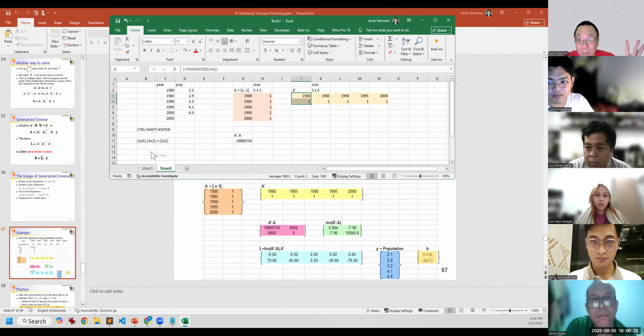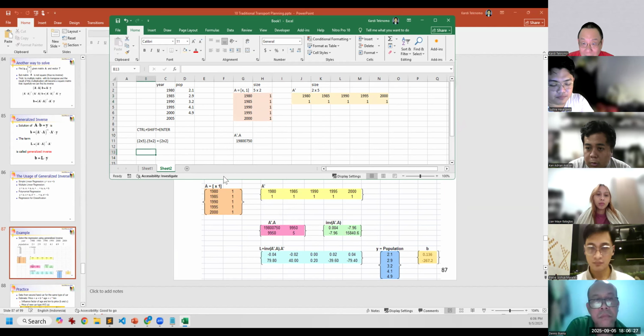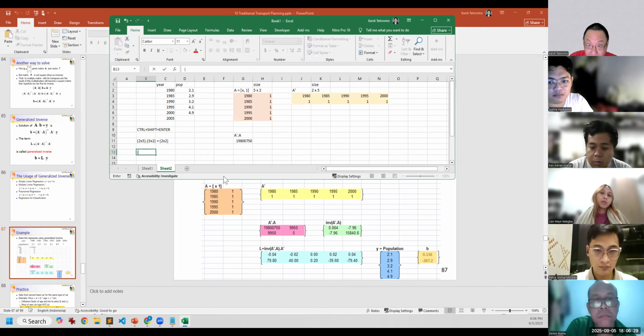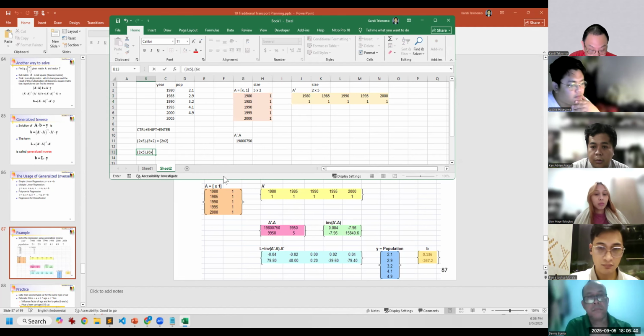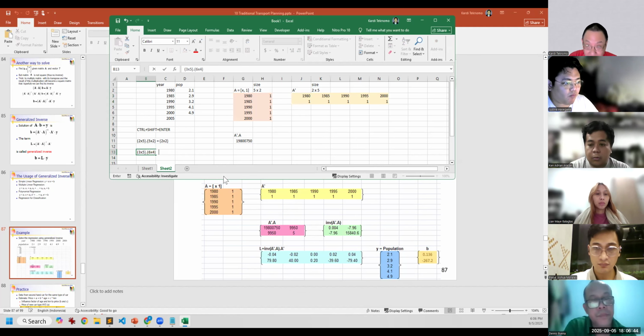Okay, I'll give you an example here. What happens if I have 3 times 5 multiplied by 6 times 4? What is the new size?